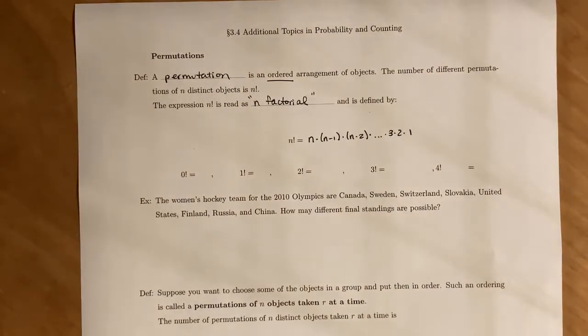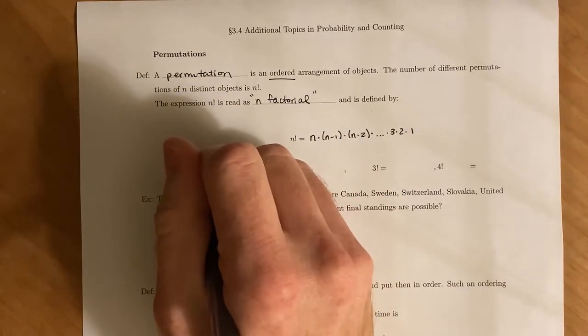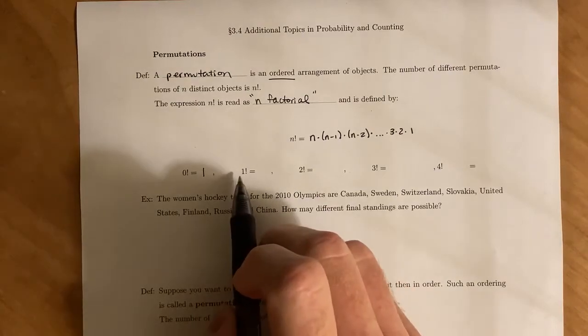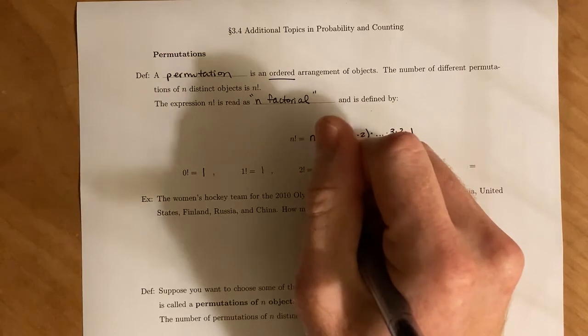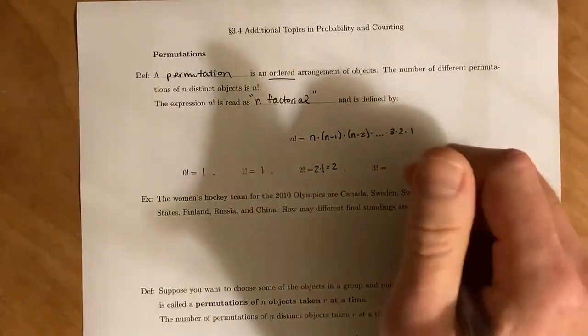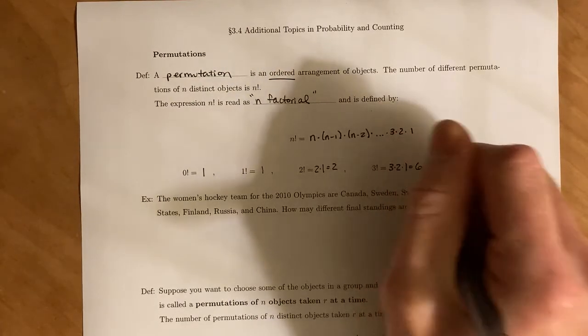So you just take all the whole numbers that are less than n and greater than 0, and multiply them together to give you n factorial. Just for some examples, 0 factorial is kind of weird, but we take that to equal 1. 1 factorial is just 1. 2 factorial is 2 times 1, which simplifies to 2. 3 factorial is 3 times 2 times 1, which gives us 6.